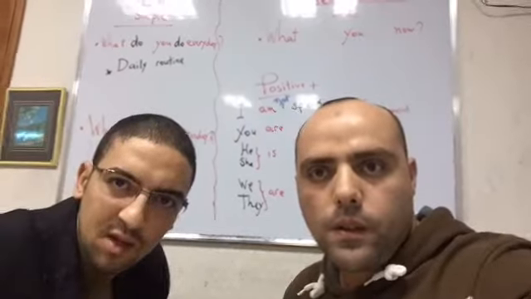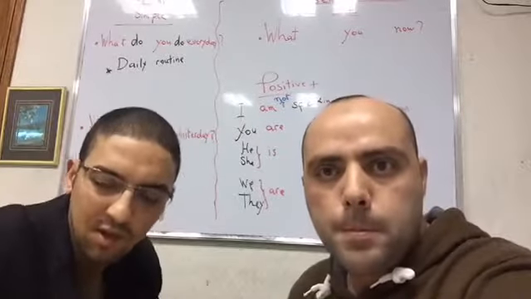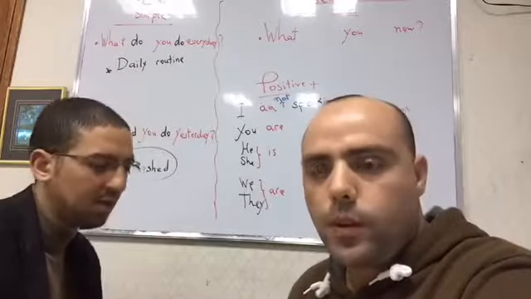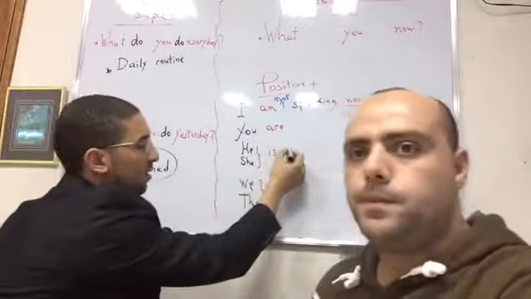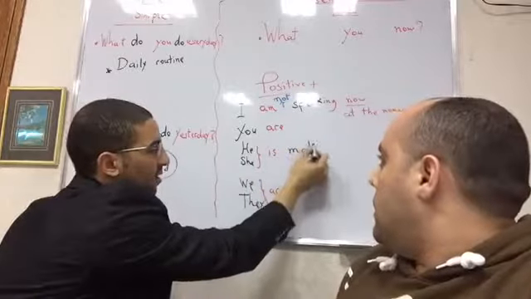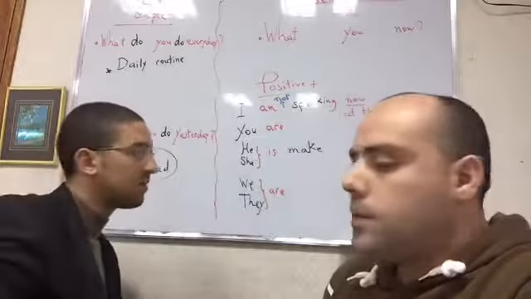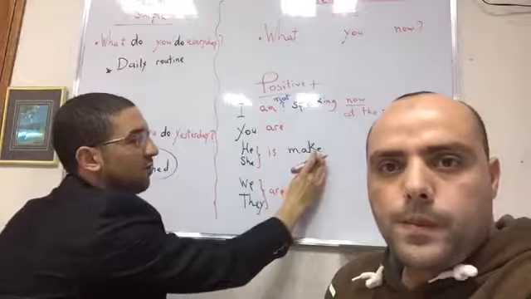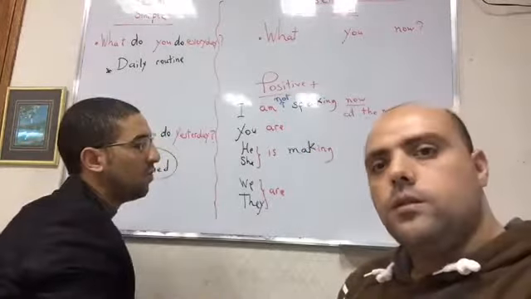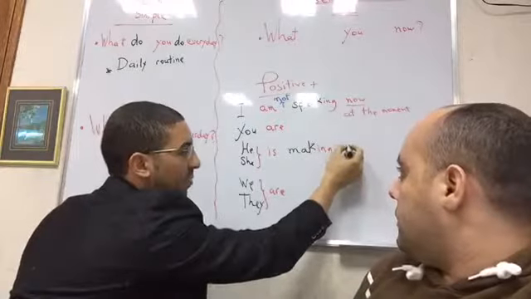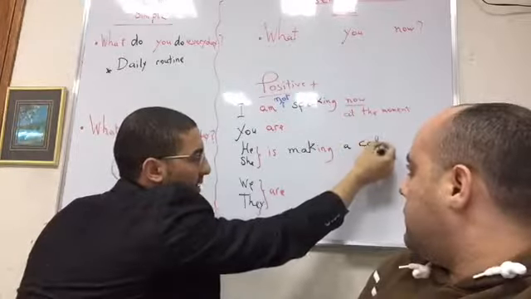Verbs that end in E, like make. Yes, of course we're going to give examples like them. Verbs that end in E, you just remove the E and you add ing. You're making a cake now.